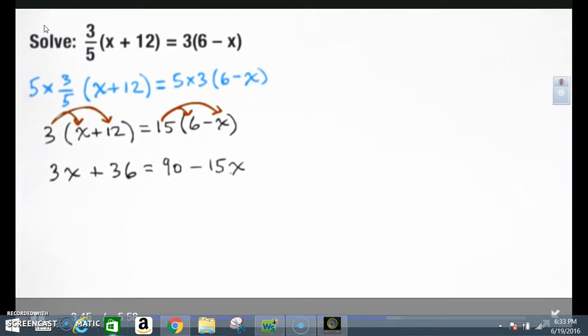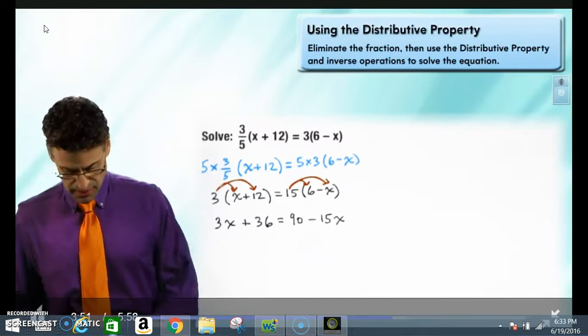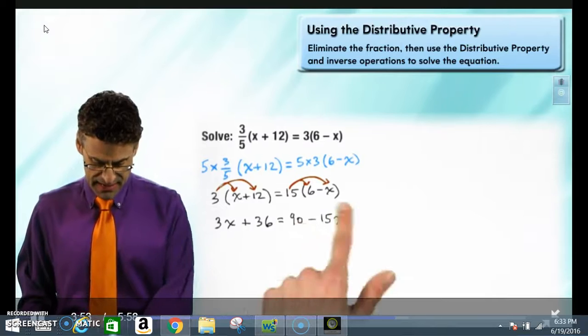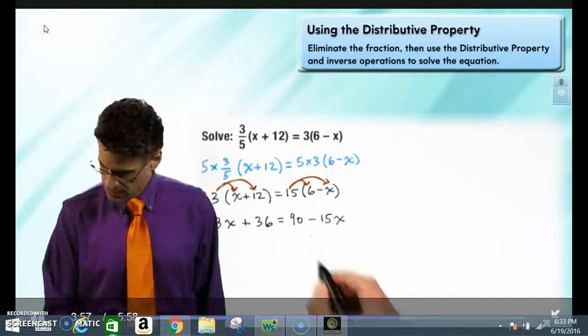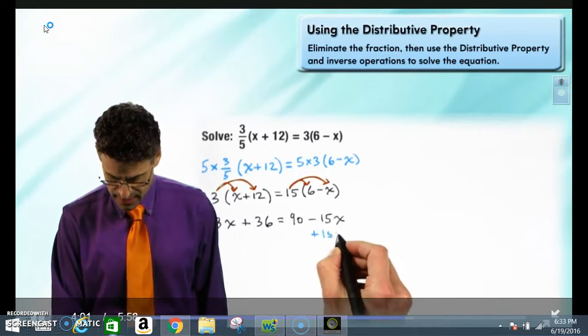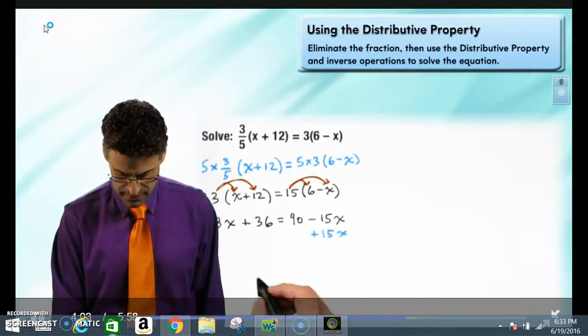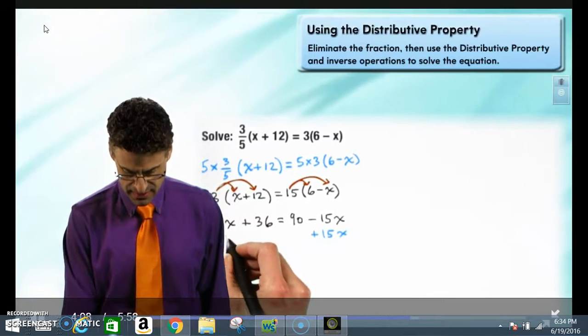So now what do we do? Well, now I'm just going to solve like we always solve. We want to get all the x's on one side and all the numbers on the other. So the first thing I think I'll do is take this negative 15x, and I want to get rid of that. So to undo that, I'm going to add 15x to this side, which means I have to add 15x to this side.